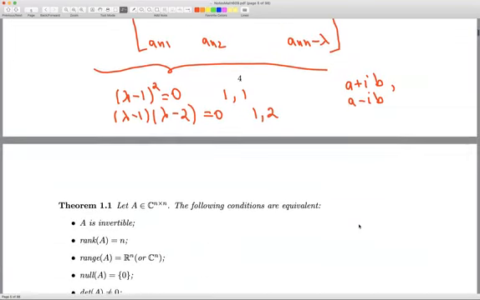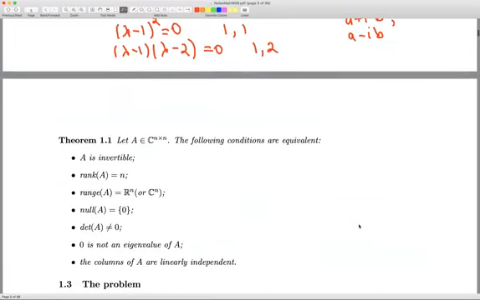Now, in our investigation, we will make use of this theorem, which more or less encapsulates all the information, notation and terminology that we discussed so far. If we have a square matrix with complex entries, and it is true also for a matrix with real entries, then the following conditions are equivalent.